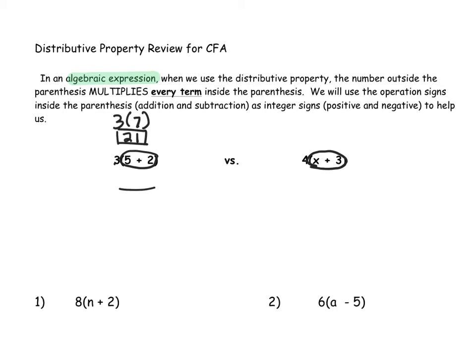So let's look at what the distributive property briefly would look like if we used it on our numeric expression. If we use the property, we would take 3 times 5 and then 3 times positive 2. 3 times 5 would be 15, and 3 times 2 would be 6, and then we want to combine these as one number.